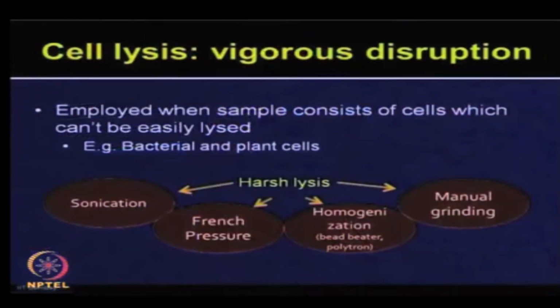Sonication and French pressure are more used when you are working with bacteria, yeast, or other cells which are difficult to open. We will talk about these in more detail in a specific example, when we talk about how to extract proteins from a bacterial sample.